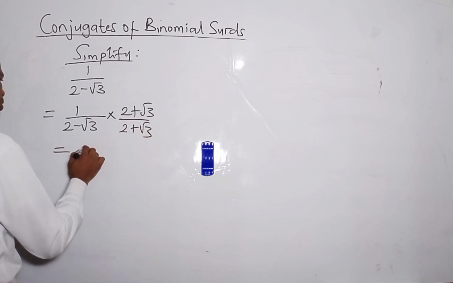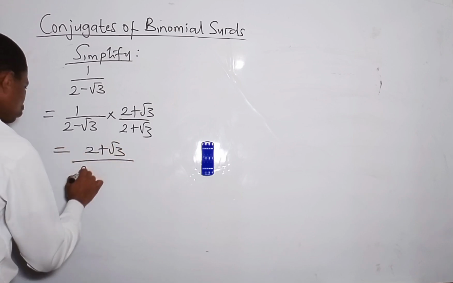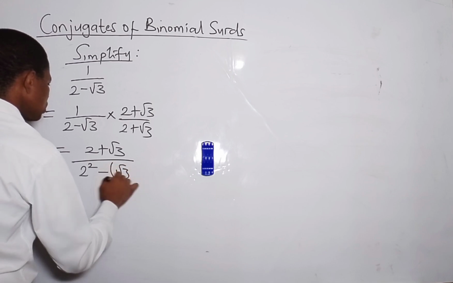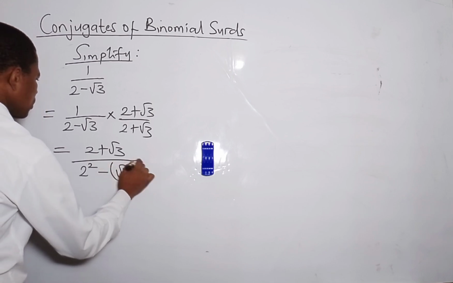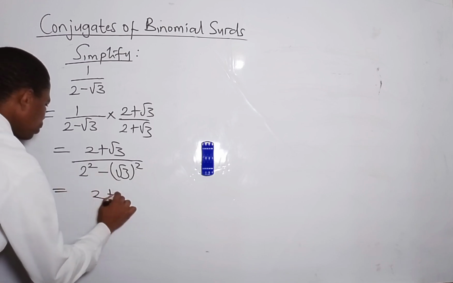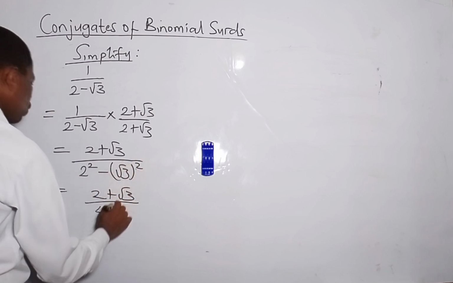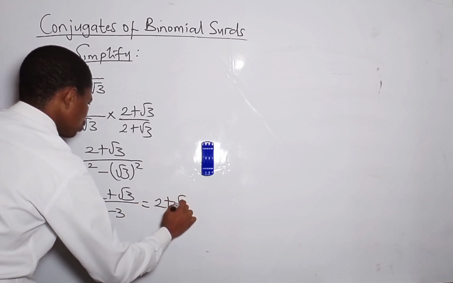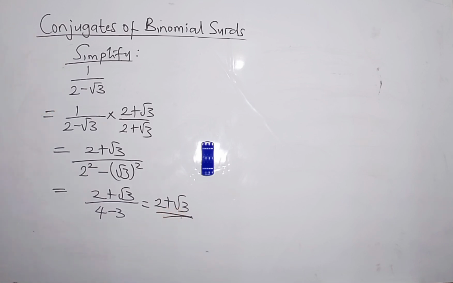That will give us 2 plus root 3 over 2 squared minus root 3 squared. So we have 2 plus root 3 over 2 times 2 is 4, minus root 3 squared is 3. That will give us 2 plus root 3 as our answer in this question.